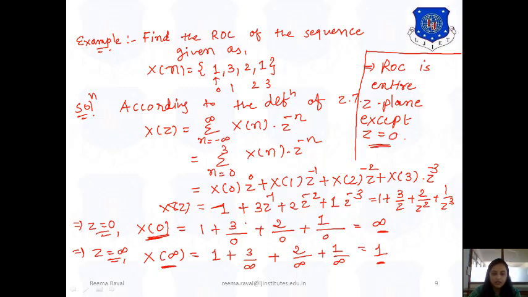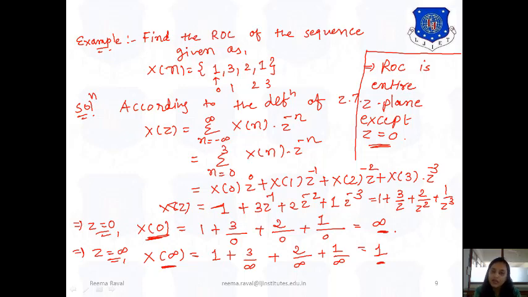Why? Because for z equals 0 we have got the infinite value, and ROC is that range where X of z has a finite set of values. Over here we observed that for z equals 0 the answer is infinite, so we can say that ROC is the entire z plane except z equals 0.